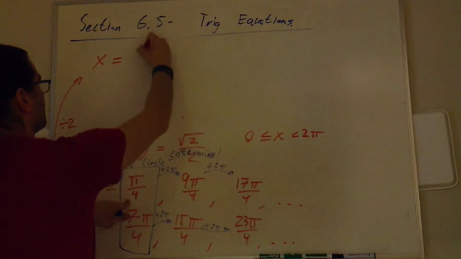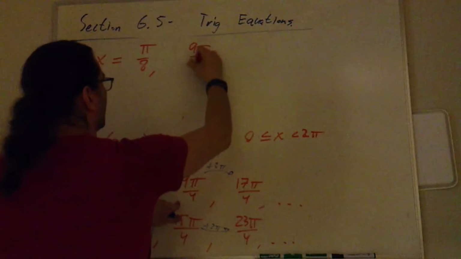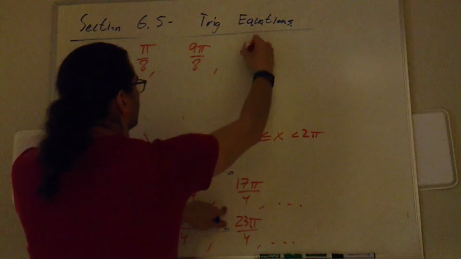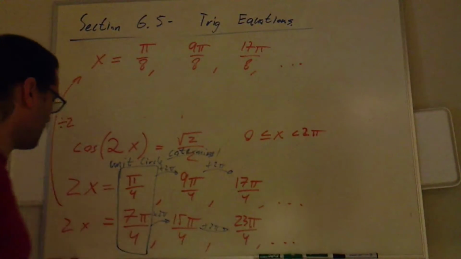This thing divided by 2 would give me pi over 8. 9 pi over 8. 17 pi over 8. And again, I could continue this list if I wanted.